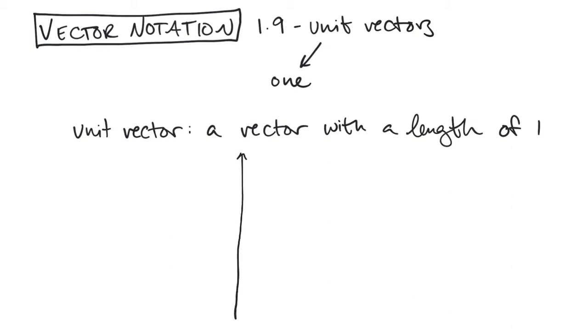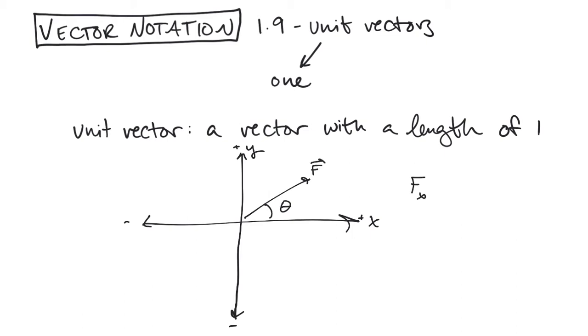So in an XY plane like this, typically you define a positive and a negative for each, and you write your vectors as either a length with an angle, or you break them down into components. Like if this was a force, you would say force in the x direction equals something, and force in the y direction equals something else.